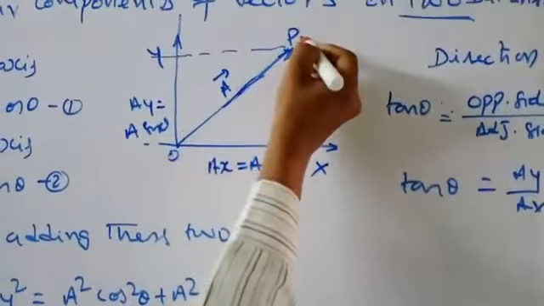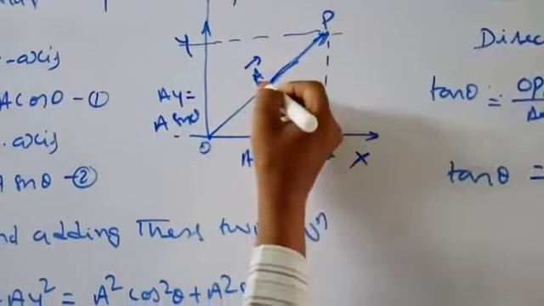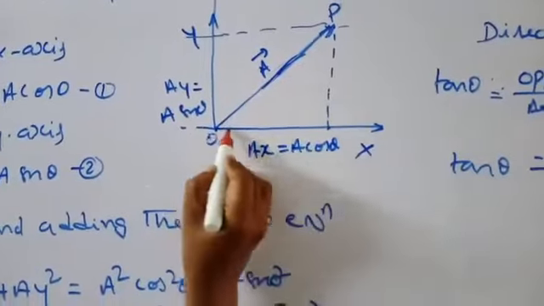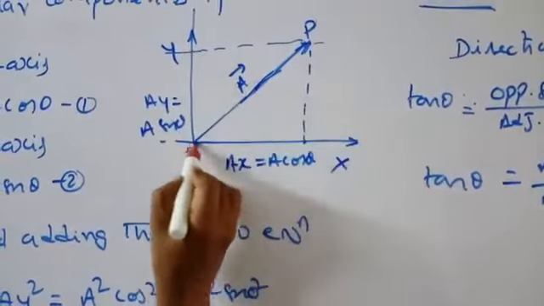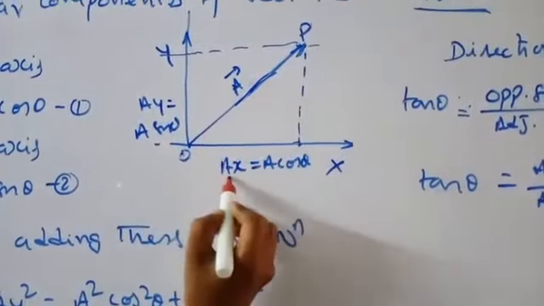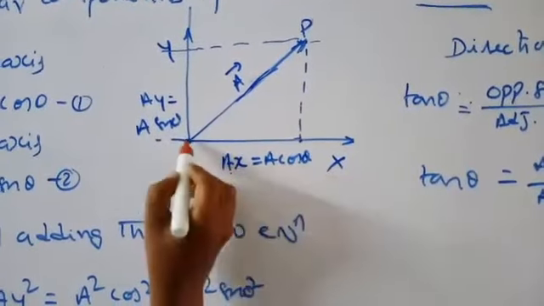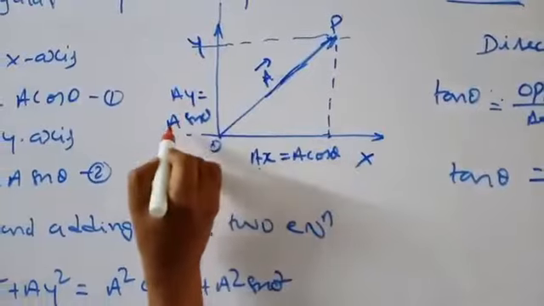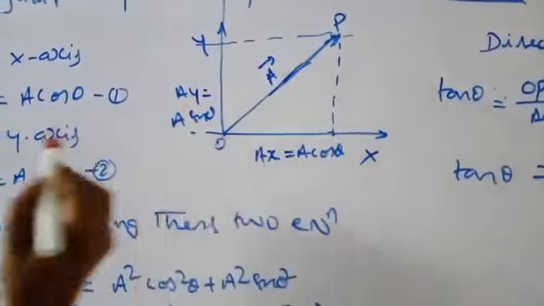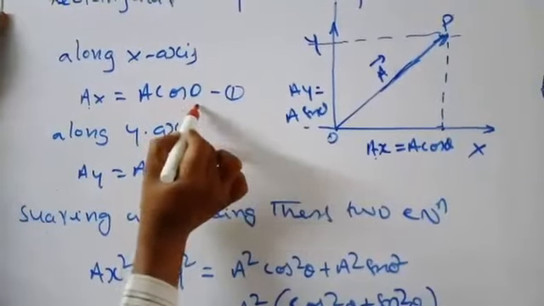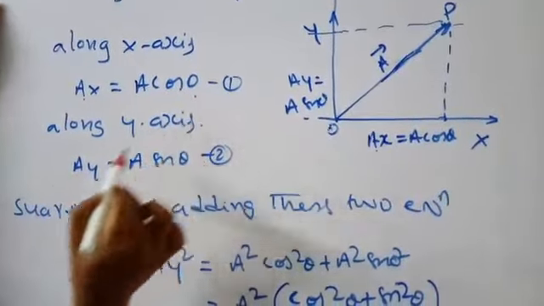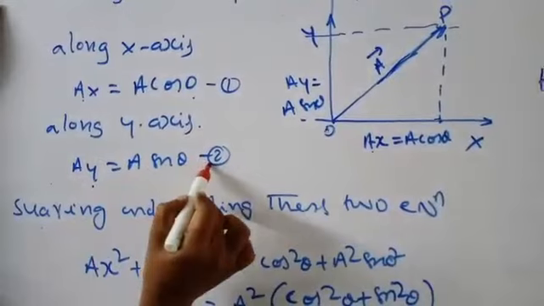The A bar can be resolved into two components: horizontal AX, that is A cos theta, and vertical AY, that is A sin theta. Along x-axis, AX is equal to A cos theta. Along y-axis, AY is equal to A sin theta.